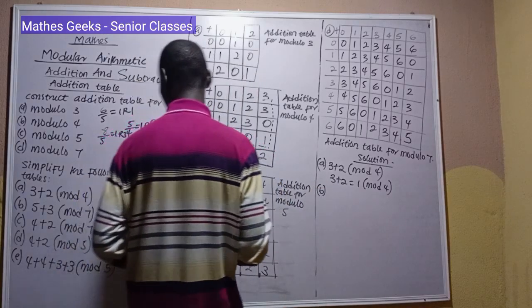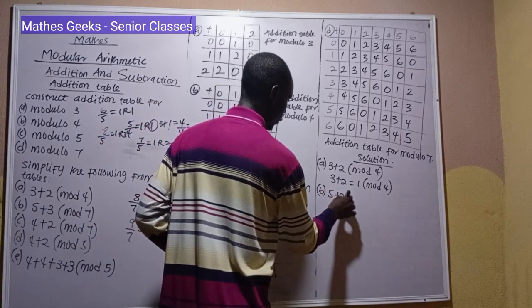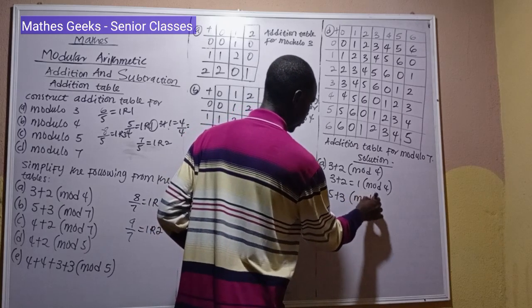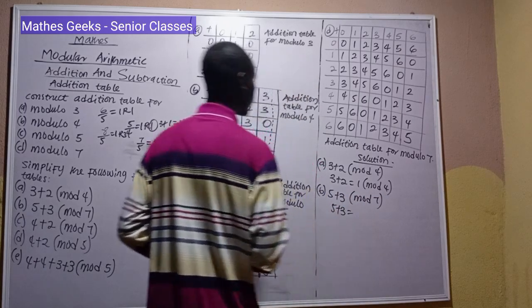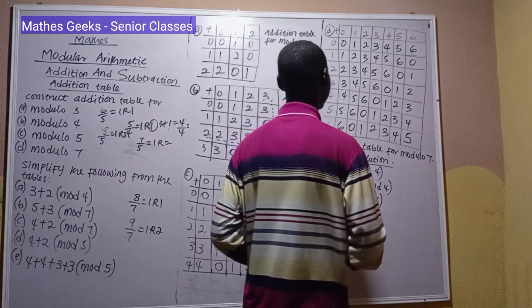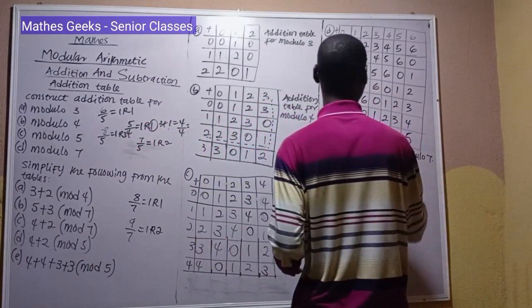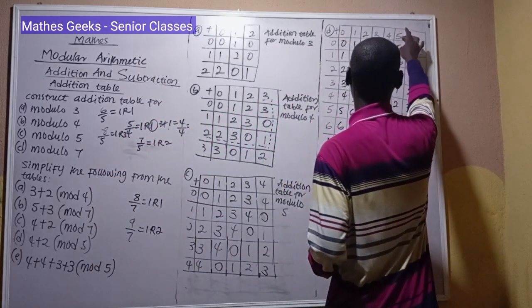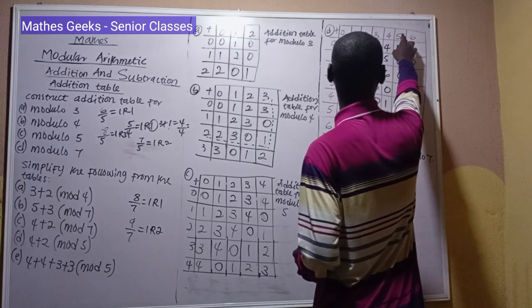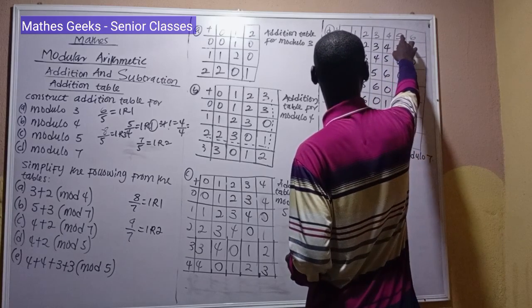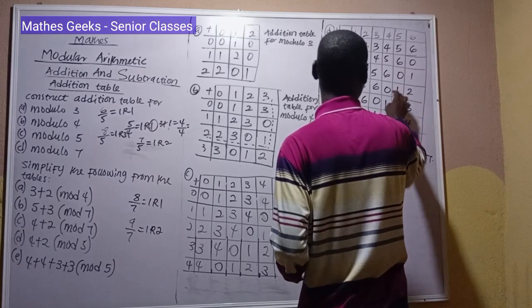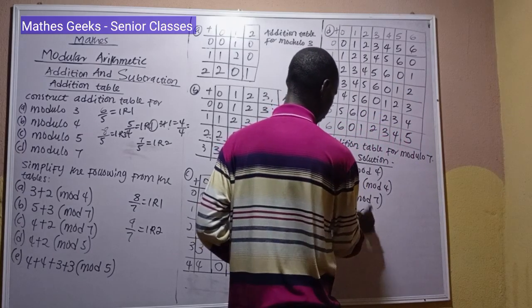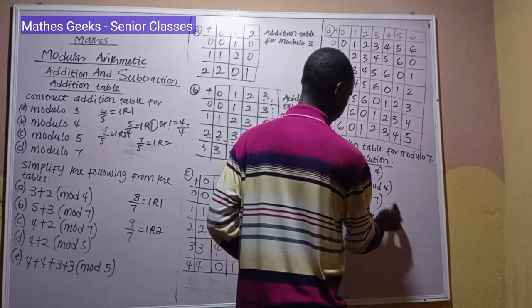B says 5 plus 3 mod 7. So let's look at mod 7. The order is 5, so we start with 5. 5 plus 3, here is 3, come down to where we have 3, that's 1. 5 plus 3 is 1 mod 7.